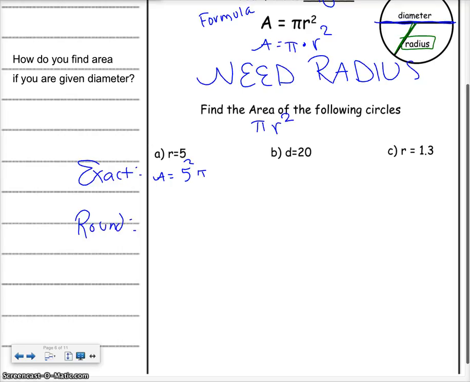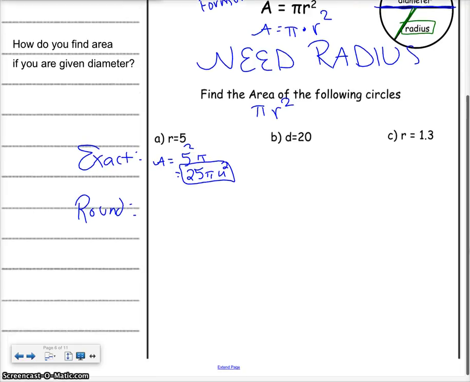You have to know how to do both. So our exact, if you remember from circumference, exact means leave pi. Round means use 3.14. So this is really 25 pi, and I'm done. Whatever the units are. This would be units squared, because area is a square dimension.